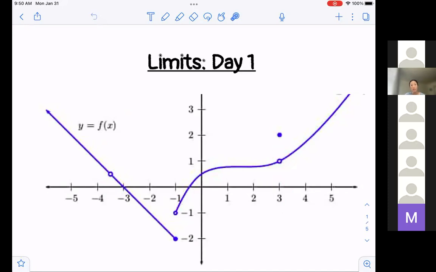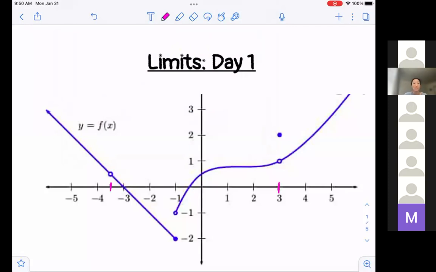Okay. Now, in looking at these two, would we say that these are the same kind of hole, or would you say that they are maybe different kinds of holes? And anyone can answer this. All right, Dallas says different.